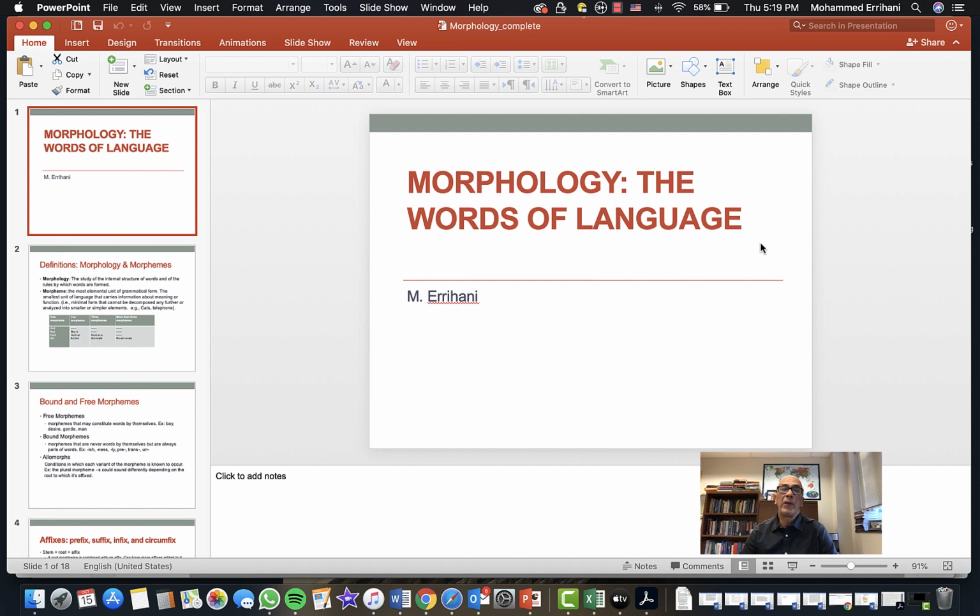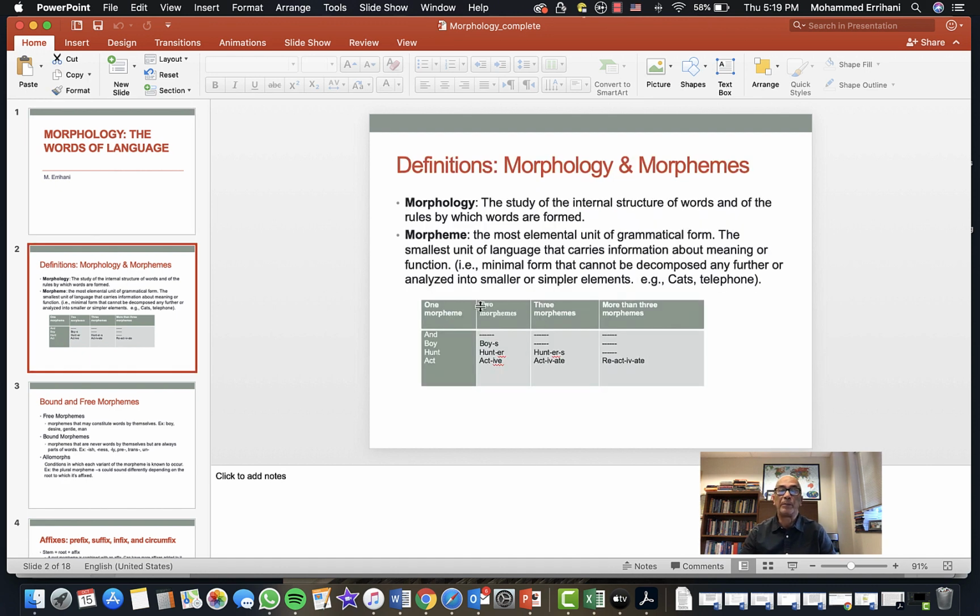Now, the basic unit of morphology is the morpheme. And there are two types of morphemes, free morphemes and bound morphemes, which we will discuss in a minute. A single word can have a single sound, for example, A in amoral.